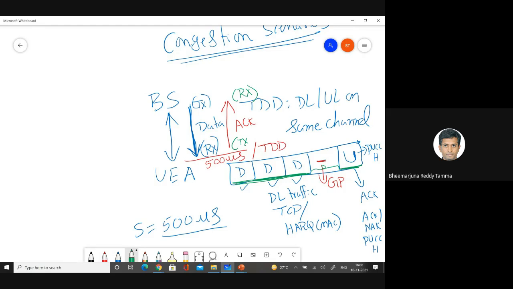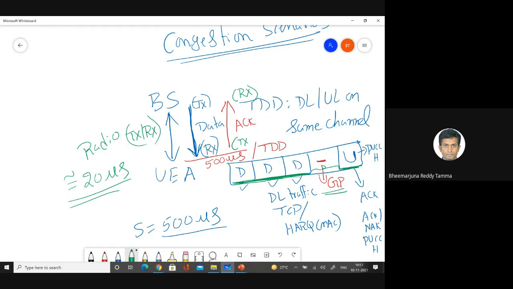One is it has to process the data that it has received and prepare the acknowledgement. That's what happens at the MAC layer. Not only that, it has to switch from reception mode to transmission mode, which typically takes 20 microseconds. To switch the radio from TX to RX or from RX to TX, it will typically take 20 microseconds. So for that reason, we have to keep a guard period.